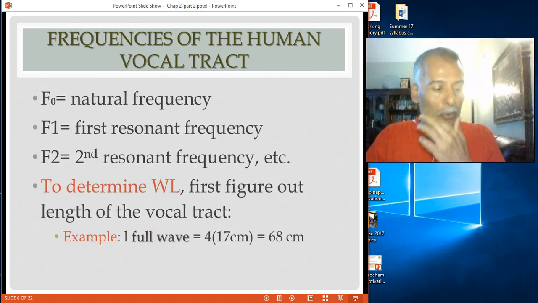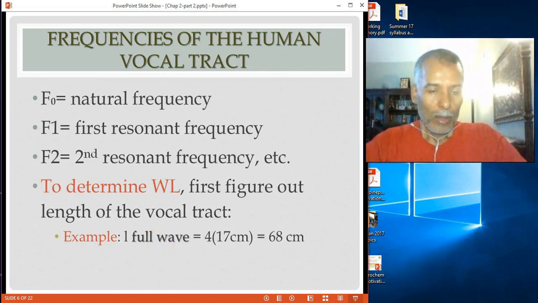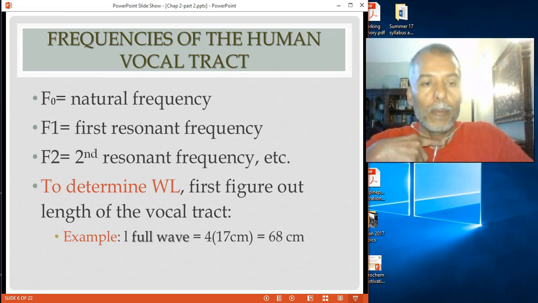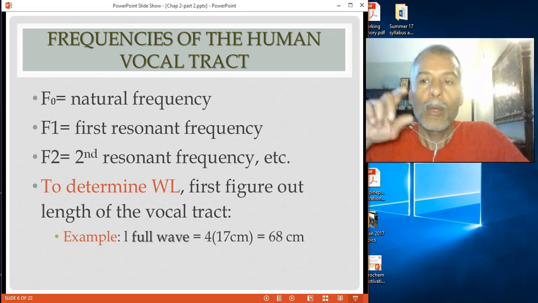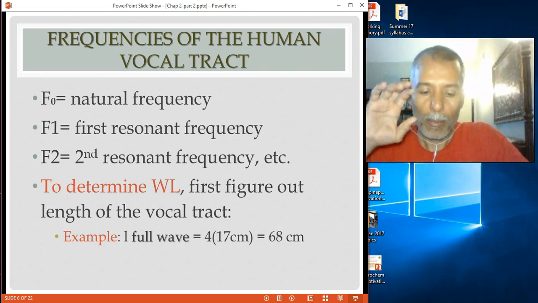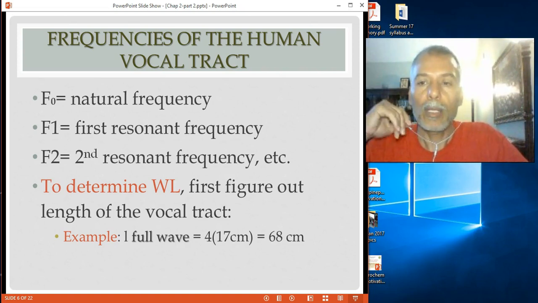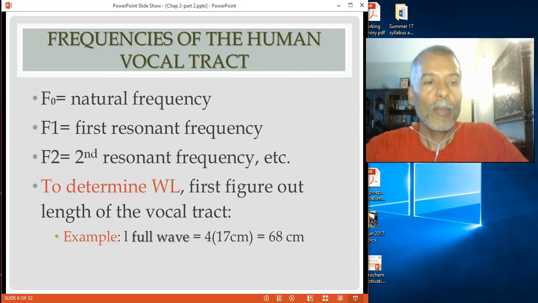So let's see how this works. We said that the buzz, the sound that the vocal folds actually generate, the tone or the wave, we call the fundamental frequency. That is the mother of everything else. Everything comes out of it.